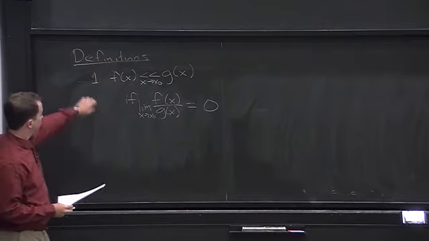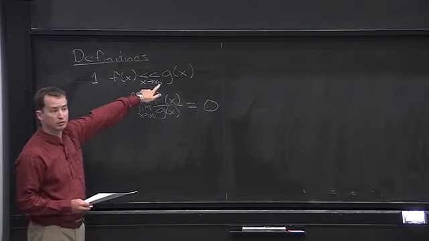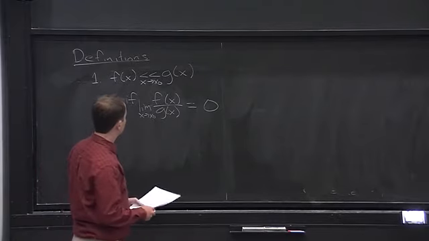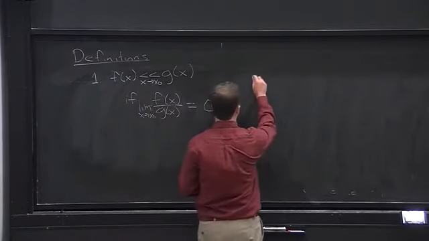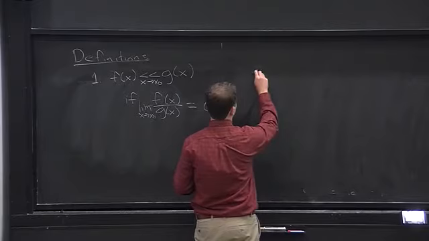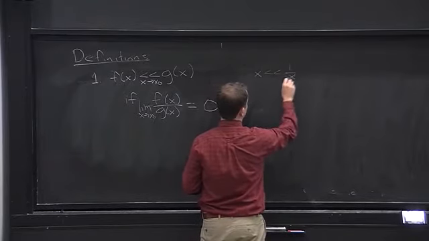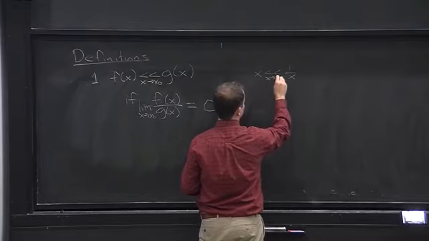Okay. So this is read as much less than. So one example is that x is much less than 1 over x as x goes to 0.